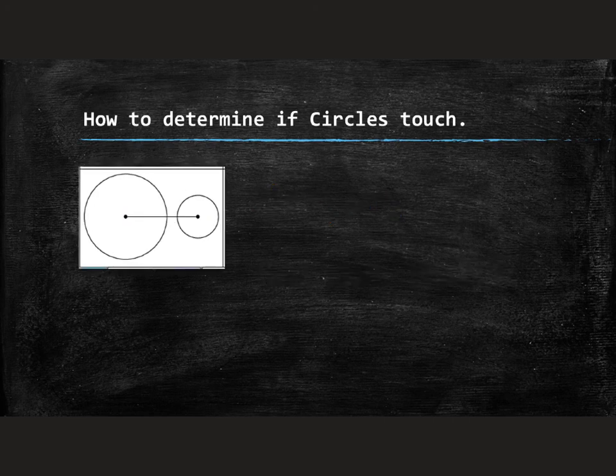And the last one for today, what we can see in the drawing is the following. We can see that this radius, if I added it to this radius, would not be the same as the distance between them. So in this case, the distance is greater than the sum of the radii.